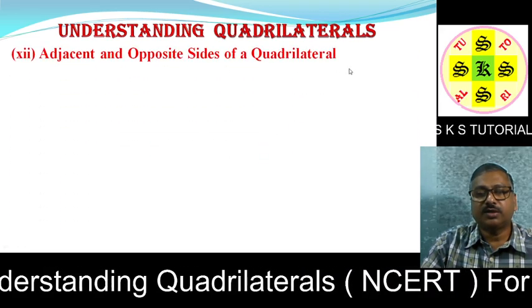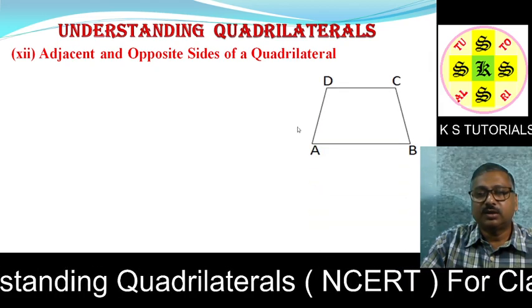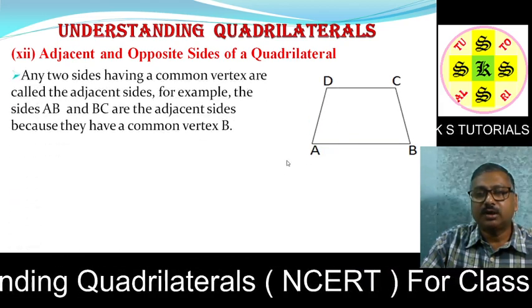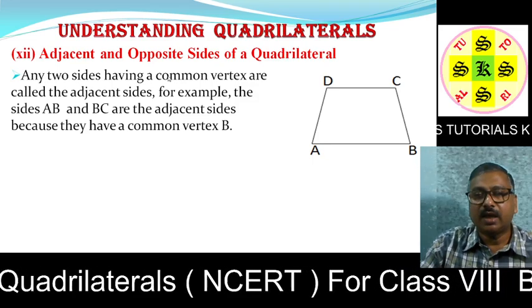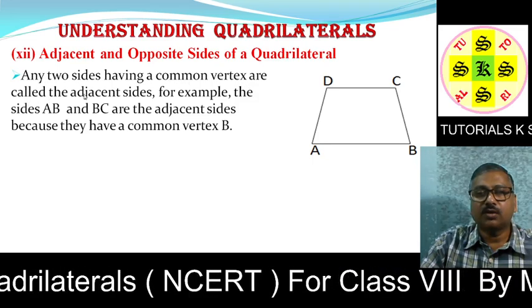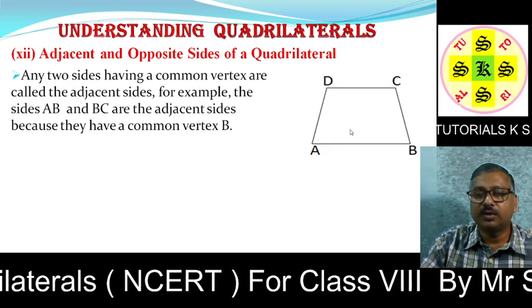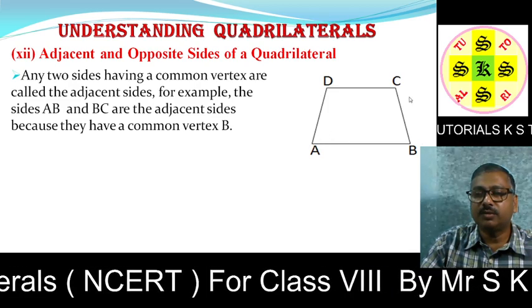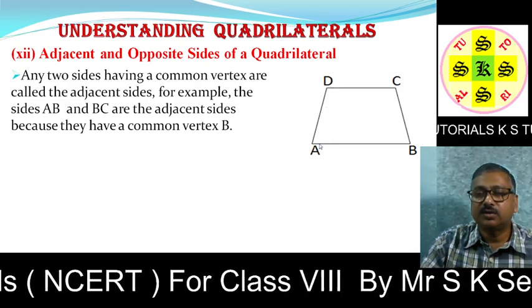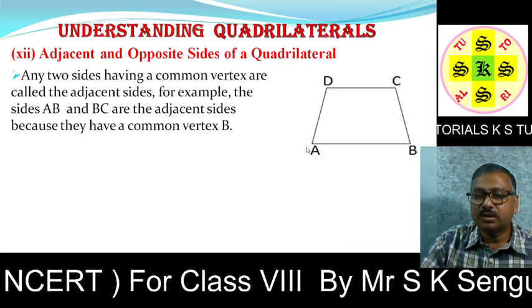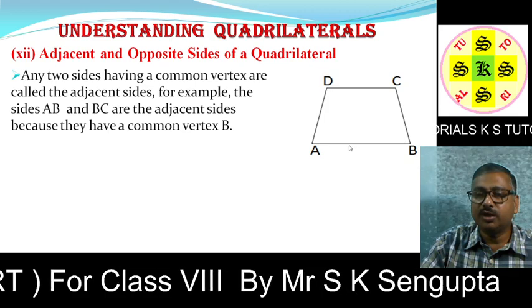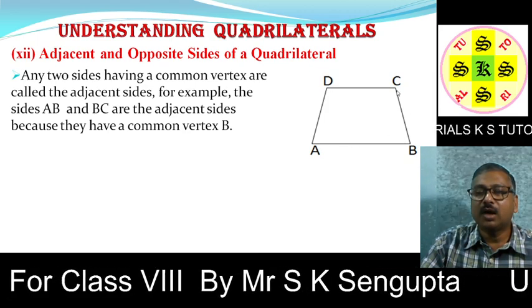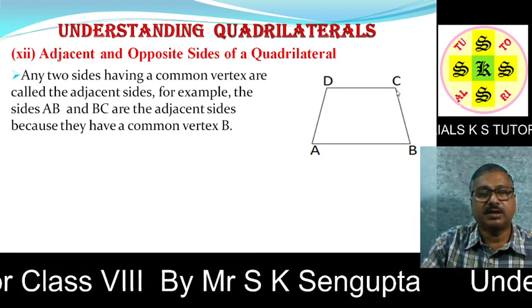Adjacent and opposite sides of a quadrilateral. Say ABCD is a quadrilateral; whatever particular name it has, we will discuss later. Any two sides having a common vertex are called adjacent sides. In this figure there are four sides AB, BC, CD and DA. If we consider AB and BC, they have the common vertex B, so AB and BC is one pair of adjacent sides.